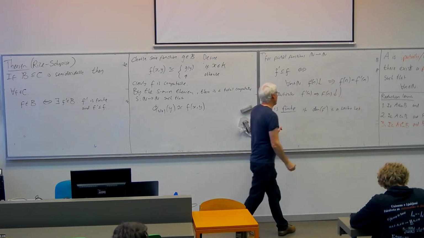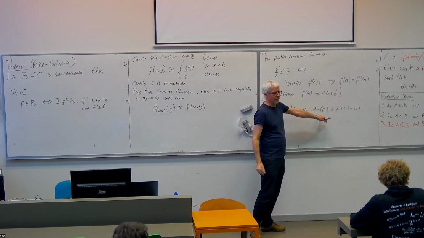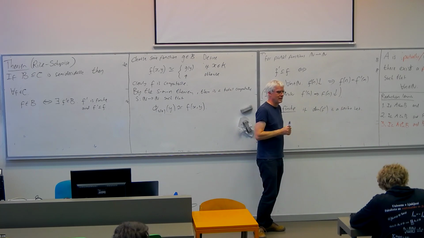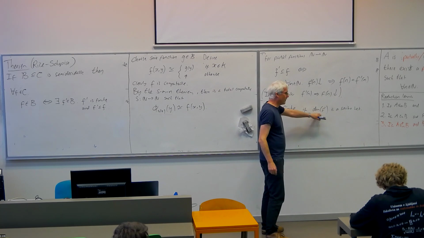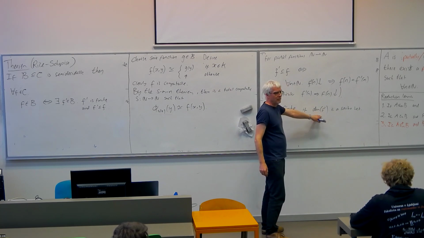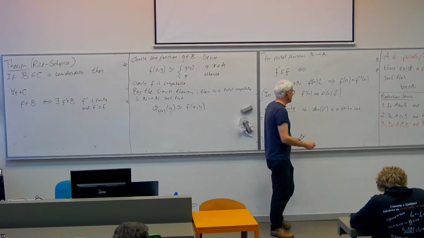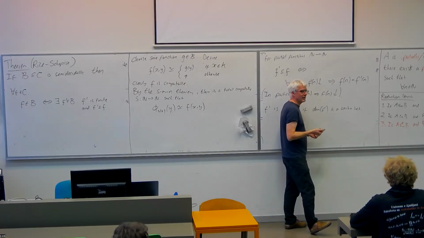Or equivalently, here it is a graph. The graph is finite. This is also a finite set. Notice that any finite partial function is computable because it's defined on only finitely many arguments.